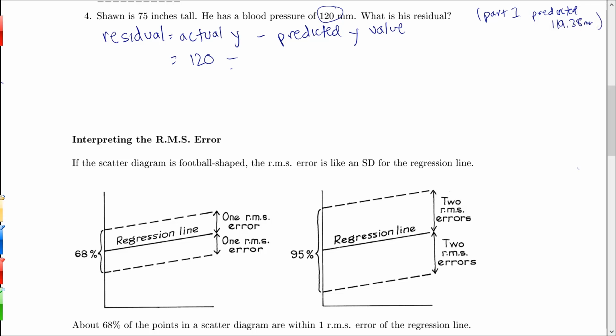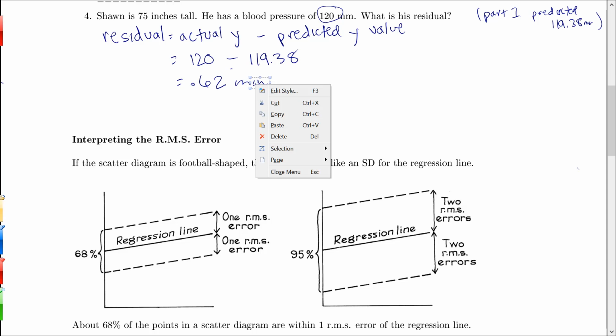That's our predicted value for anyone who's 75 inches tall, so Sean falls into that category. So we just do 120 minus 119.38. This gives us 0.62 millimeters.